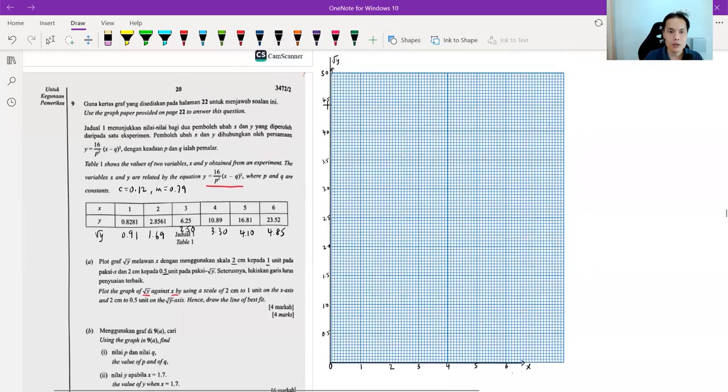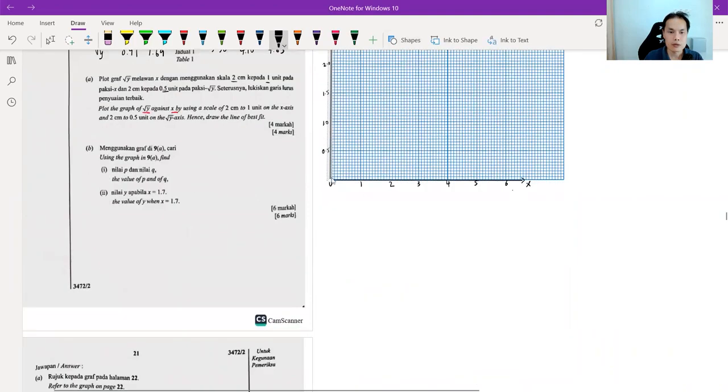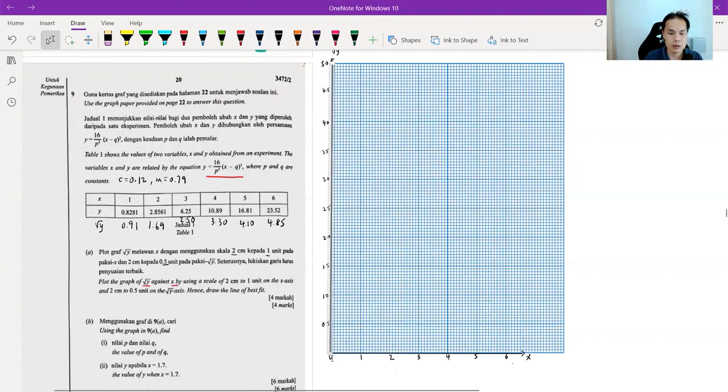Let me just adjust it a little bit. Okay, this is a bit to the left. Just adjust it to make it a bit more central. You can see, there you go. All right, so I've got my axes done.